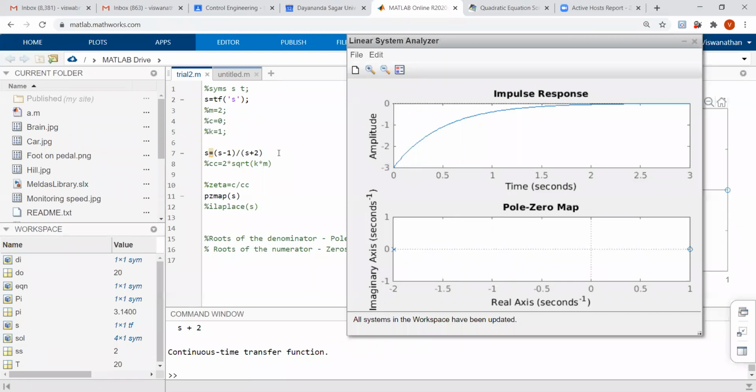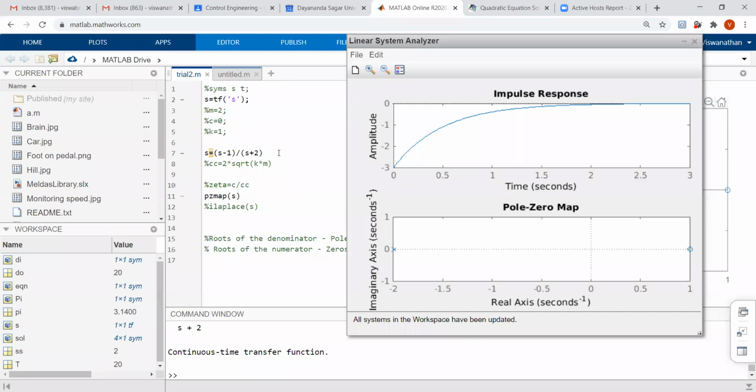We did the system identification, so we identified the system with a mathematical model. Whatever transfer functions we use, you must understand that this transfer function relates to some physical system. That is very important.